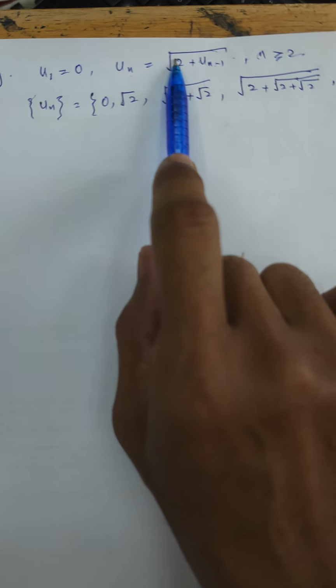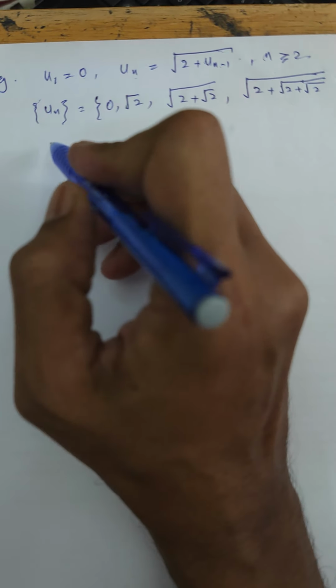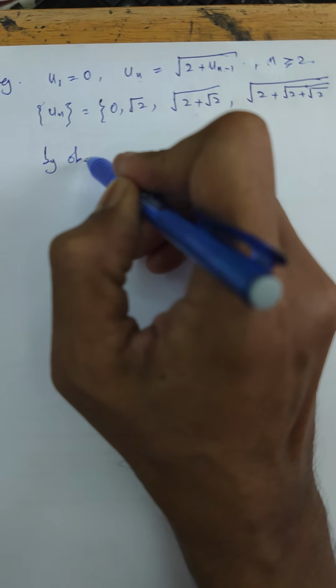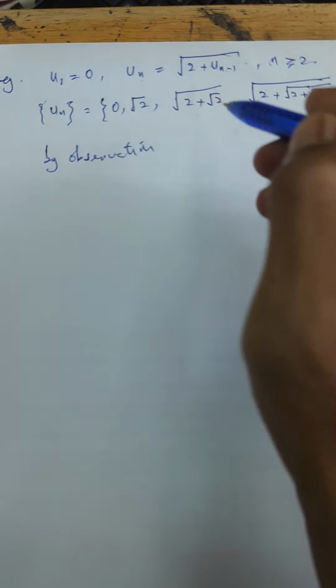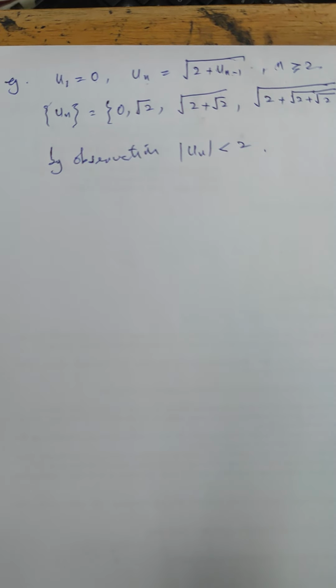Definitely less than 2, because the square root of 2 is always less than 2. So I can say by observation we have un less than 2, but that's not the proof. That's not enough to prove that the sequence is bounded.